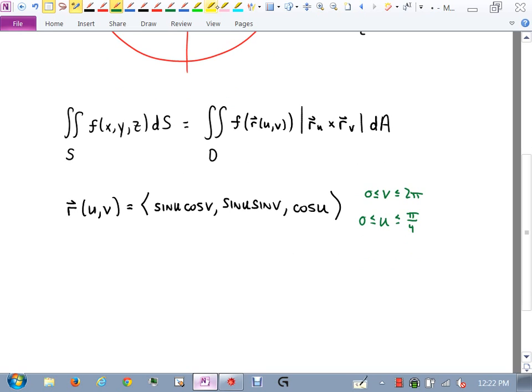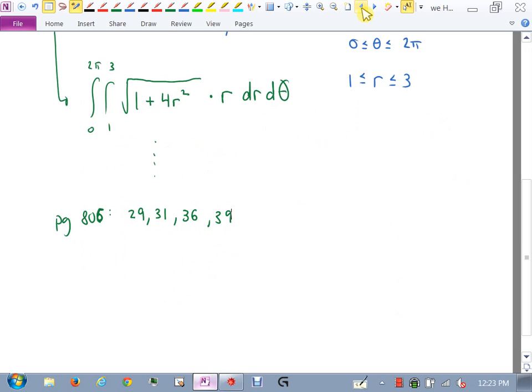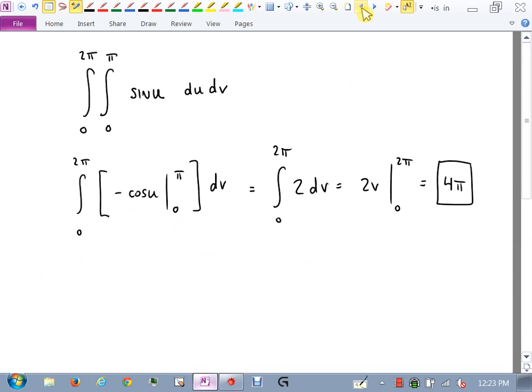So I need to figure out the magnitude of the cross product of those partials. We did that already, didn't we? And it came out to be sine u. Was it sine u or sine v? There it is. It was sine u, wasn't it?